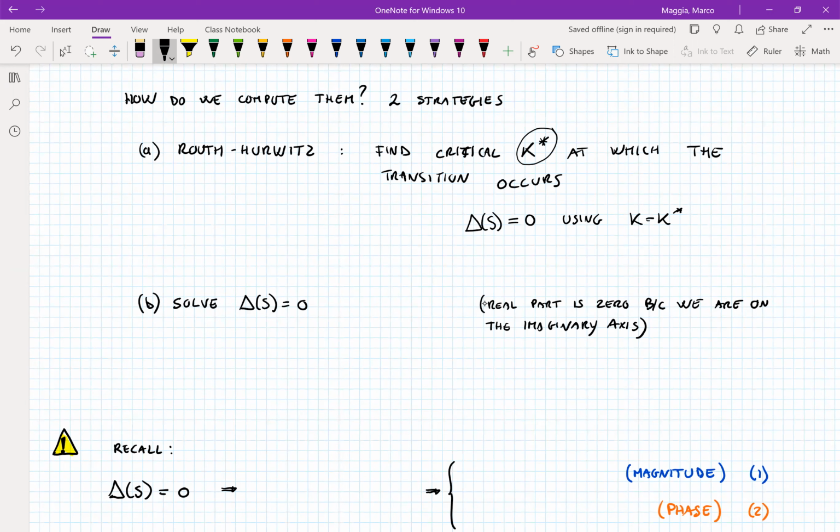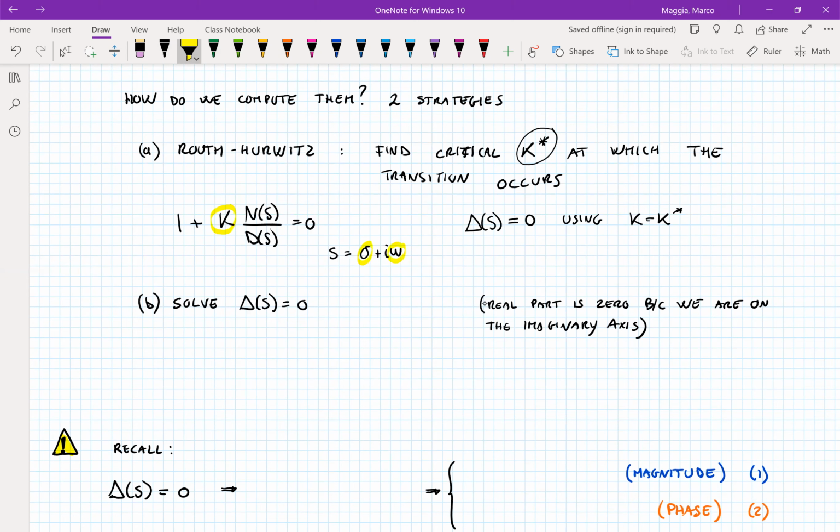And remember, for what I said last time, solving the characteristic equation means that we have to solve two equations, one for the magnitude and one for the phase. So we're going to have, typically, if you just have 1 plus k times n of s over d of s equals 0, let's say that s is sigma plus i omega, then generally speaking, you have three unknowns to determine: k, sigma, and omega.